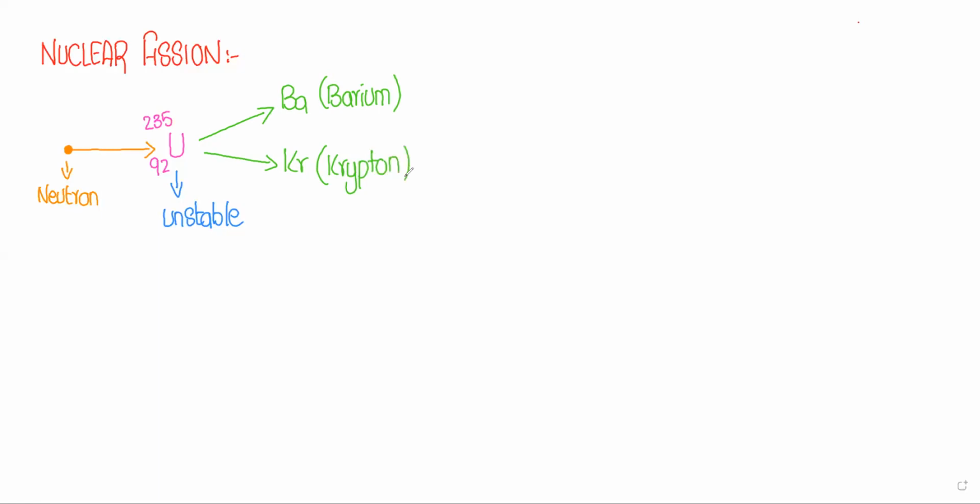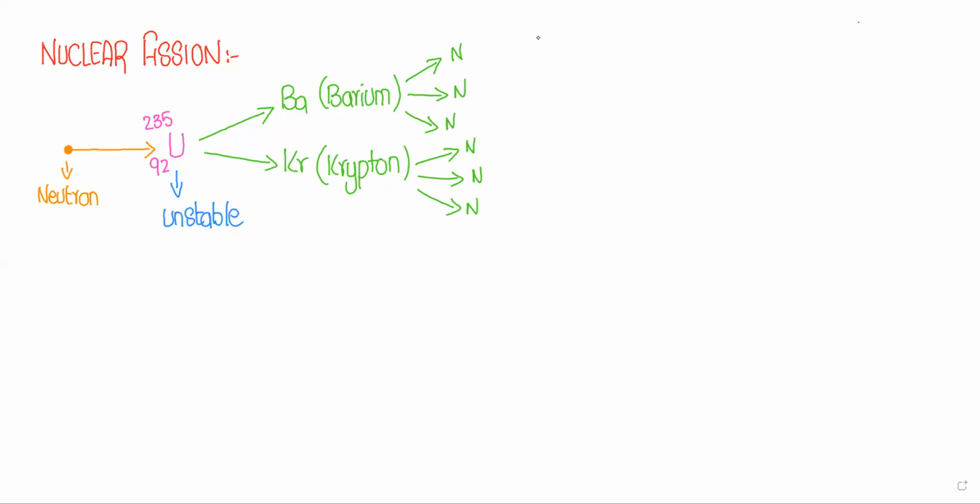So the simple process is, if we start bombarding neutrons on uranium, it will split into two small nuclides of barium and krypton, plus it will also emit neutrons, and this chain reaction will continue, right? So this is the whole process of nuclear fission.